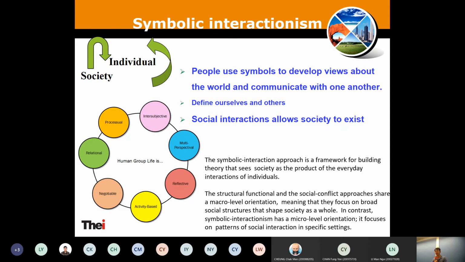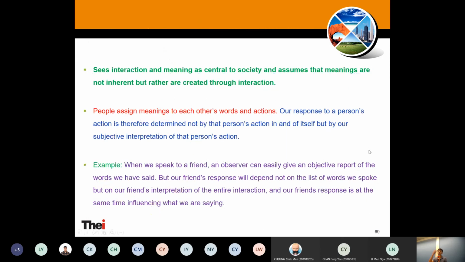The social functional and the social conflict approaches talk about a macro level orientation, meaning that they focus on broad social structures which influence society as a whole. All in all, symbolic interactionism has a micro level orientation. It focuses on patterns of social interaction in particular settings, okay?